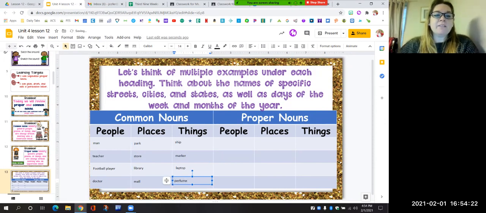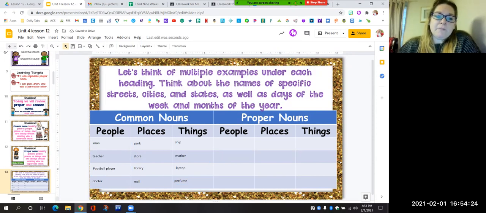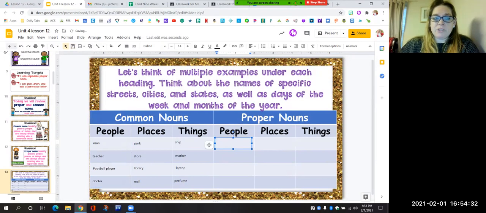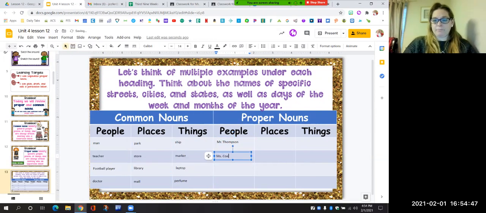Okay, so now let's think about these common nouns, but turn them into specific proper nouns. So let's say instead of just a man, we had Mr. Thompson. Instead of just a teacher, we could have Miss Kofer.